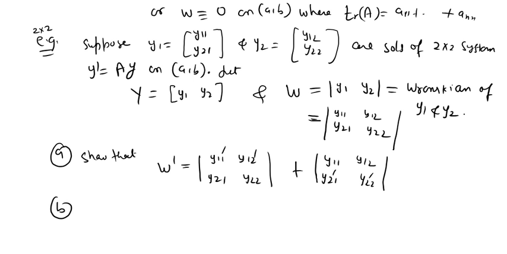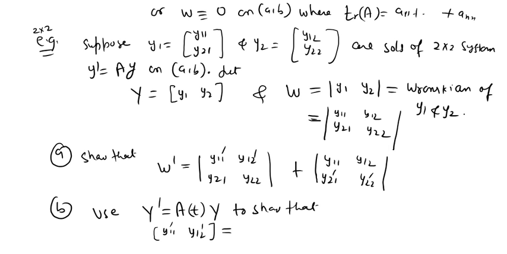And in part second, since capital Y satisfies the system, use Y' = AY, and of course we can use properties of matrices, to show that (y11', y12') equals A11 (y11, y12) plus A12 (y21, y22).